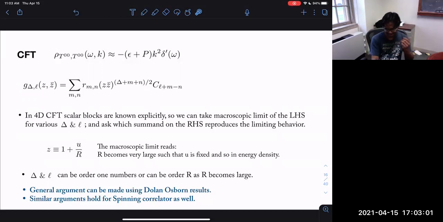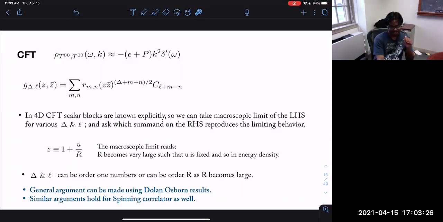It started from this paper by Dolan and Osborne. Because you know this, you can take the macroscopic limit, where you write the cross ratio as 1 plus u over r, and take r to be very large so that u is fixed. So this u becomes your macroscopic coordinate.